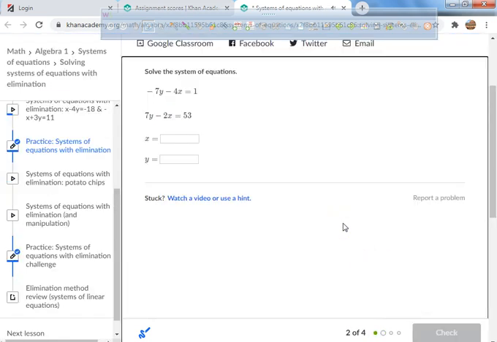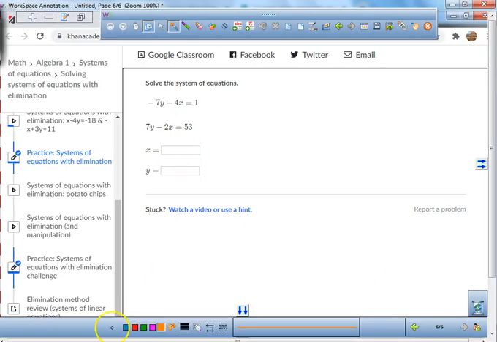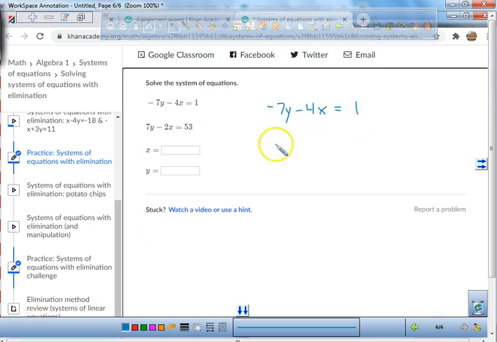Okay, let's go to the next one. Once again, I'm going to rewrite the top one, and I'm going to write the other one in red, 7y minus 2x equals 53. If you notice in this one, if I add these equations together, all of the y's will eliminate because negative 7 plus 7 equals 0.